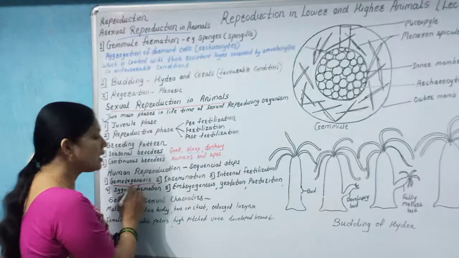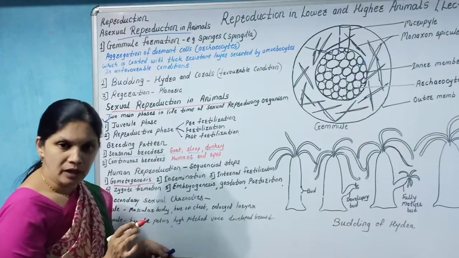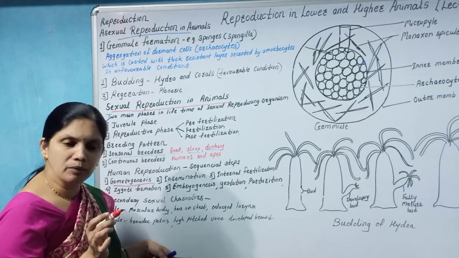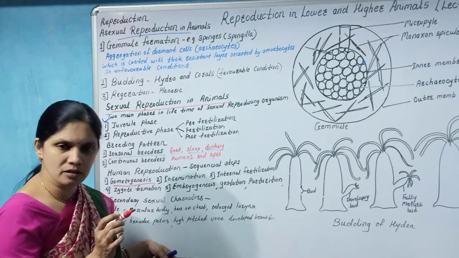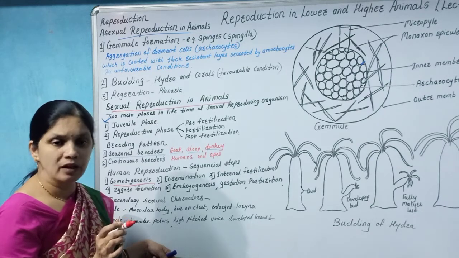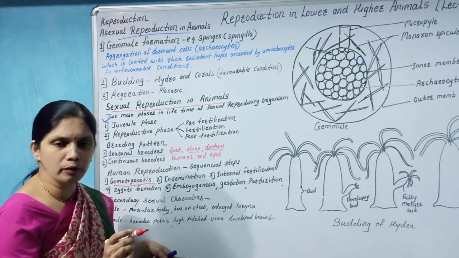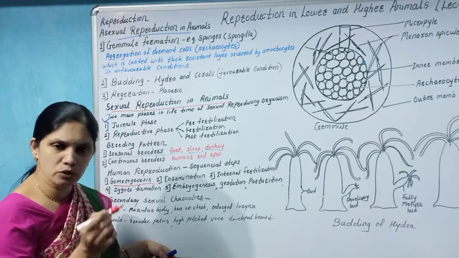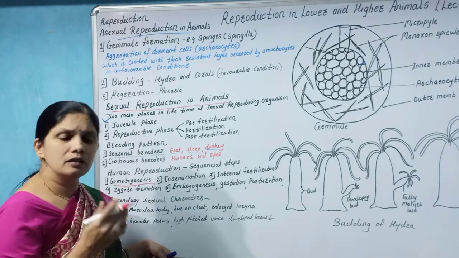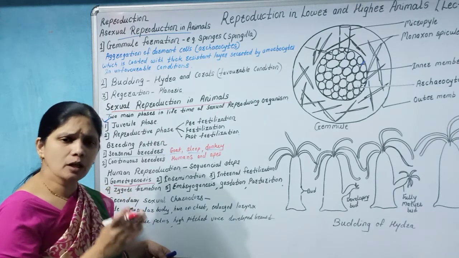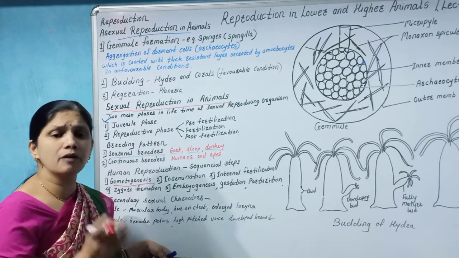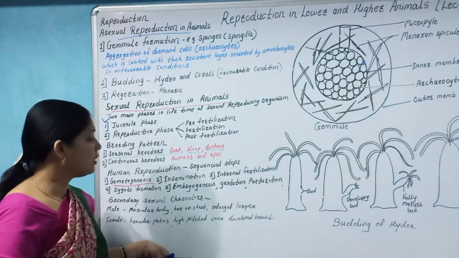In the male, the sex gonad is the testis, and in the female it is the ovary. In the testis the process of sperm formation takes place, that is spermatogenesis. And in the female, oogenesis, the Graafian follicle formation takes place.